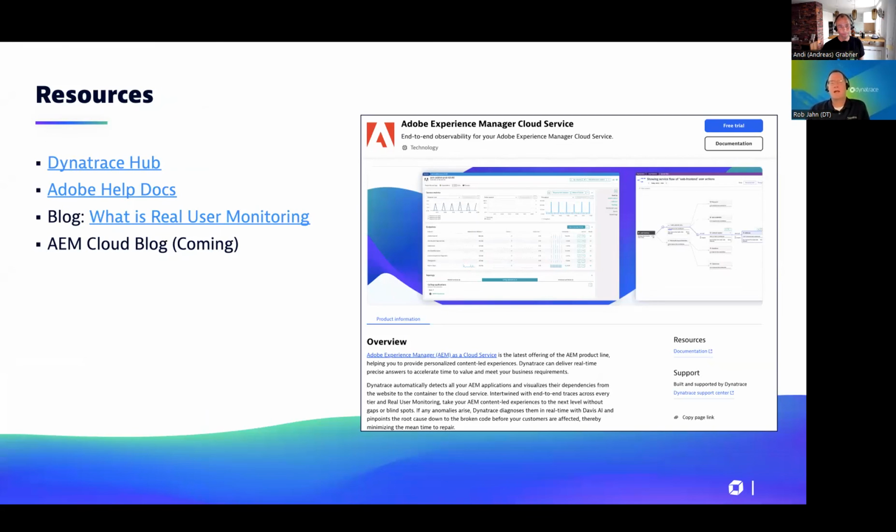Right. Andy's going to put them in the video, but as of this recording, within the Dynatrace Hub, at dynatrace.com/hub, or the in-product hub if you're a Dynatrace customer, you can search for Adobe and you'll see Adobe Experience Manager. Within this page there's a similar overview, links to documentation, and how the pricing works. Adobe also has it documented on their website.